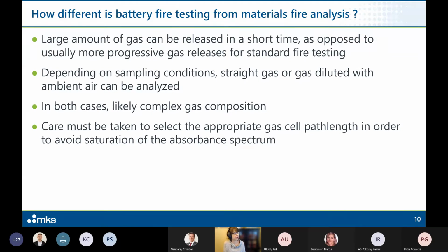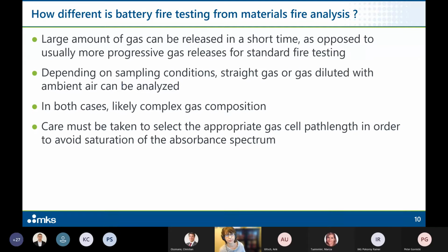In the battery, everything is in a solid phase, so if things are released quickly into a gas phase, that means percent level of gas is produced quickly.